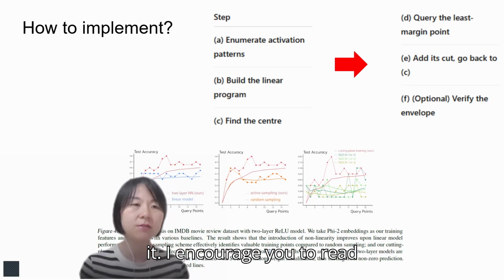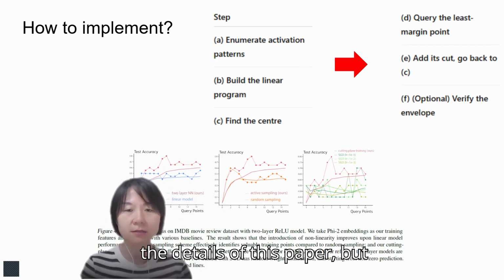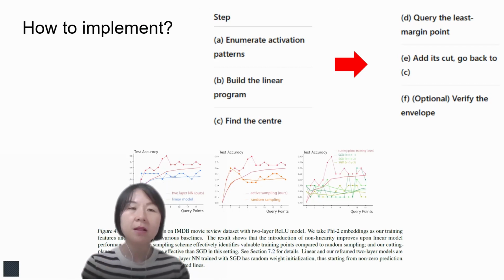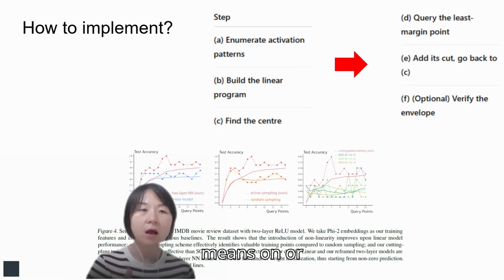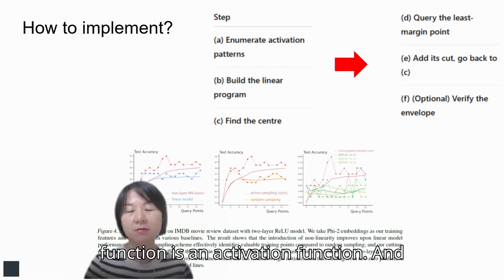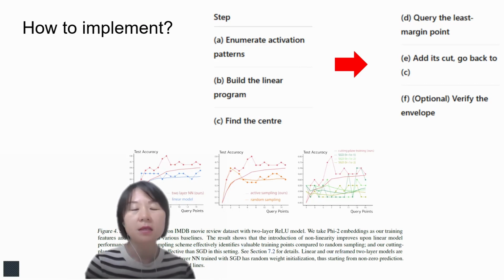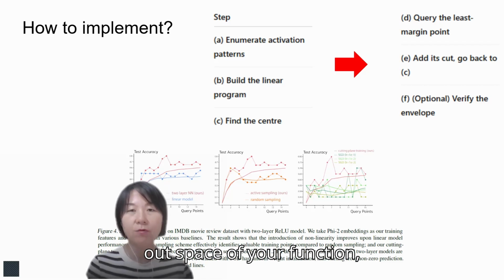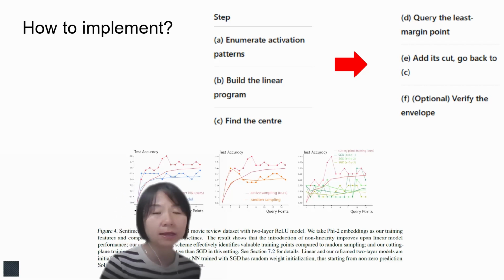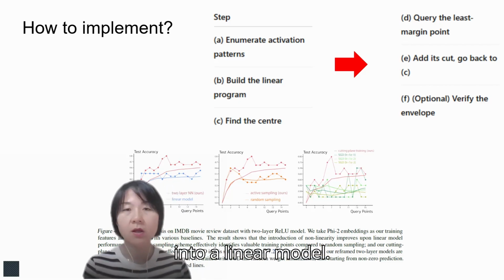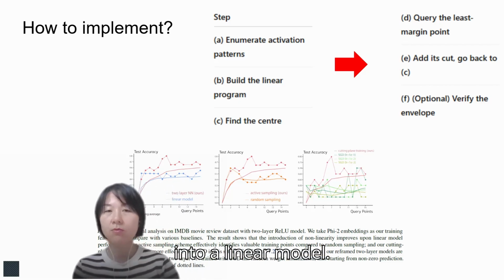I encourage you to read the details of this paper, but generally the pattern means the on or off states of the ReLU function. ReLU is an activation function, and if you determine the on and off states of the ReLU function, you can transform the neural network into a linear model.